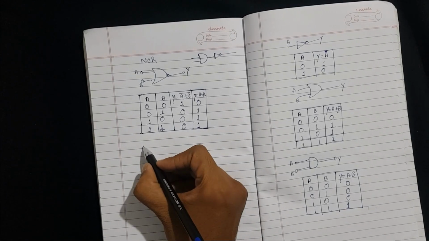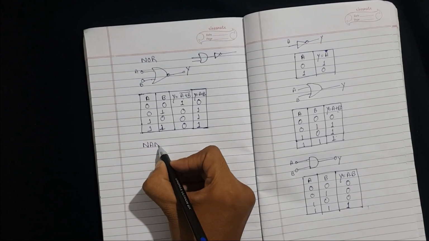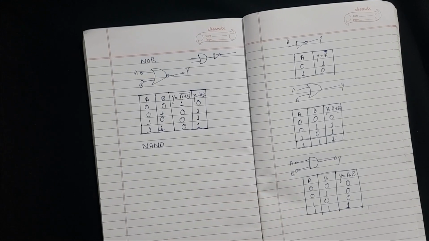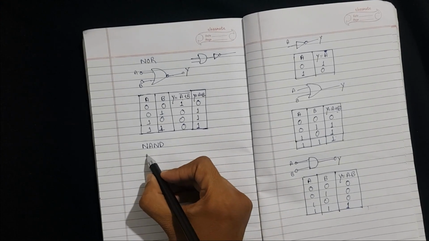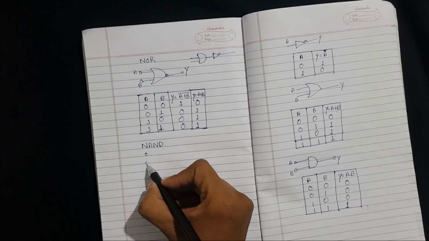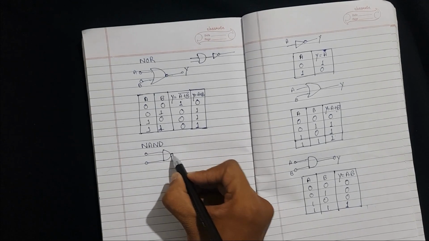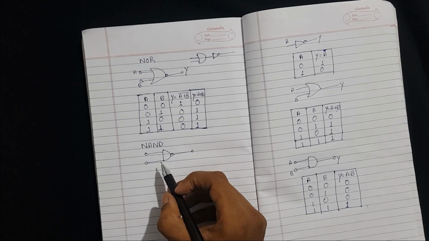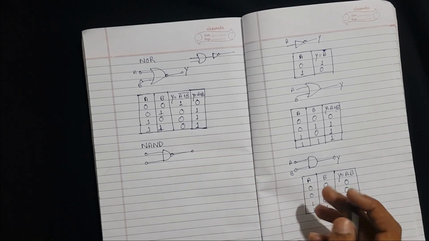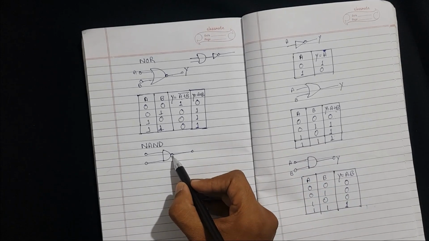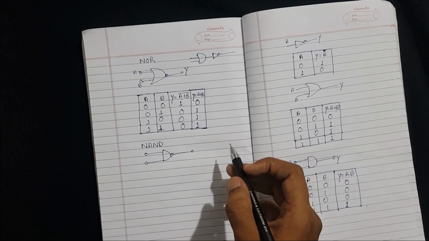Another one is the NAND gate, which is the inverse of the AND gate, and which has a symbol something like this. You differentiate it from the symbol of the AND gate by just this dot.